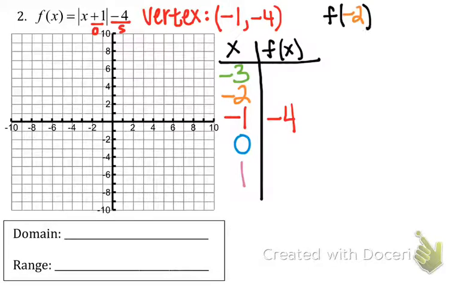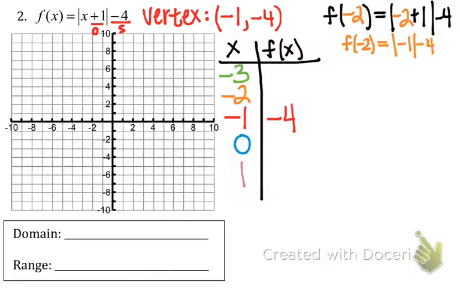Let's start plugging in some values into f of x to determine what our f of x is. So I'm going to start by plugging in negative 2. F of negative 2 is equal to the absolute value of, just plugging in negative 2 here for x, negative 2 plus 1 minus 4. Remember, that gets plugged into the original function. Now we just evaluate. F of negative 2 is equal to the absolute value of negative 2 plus 1, which is negative 1, minus 4.